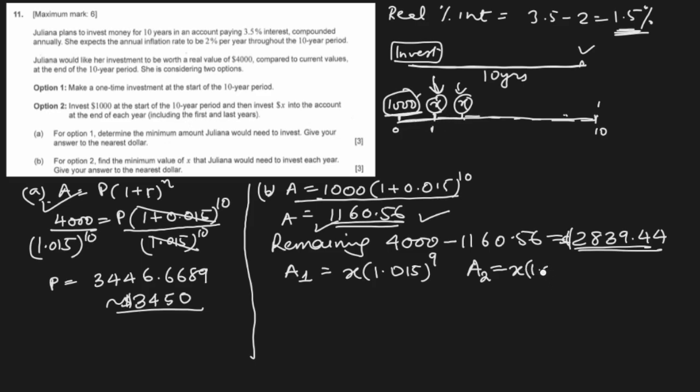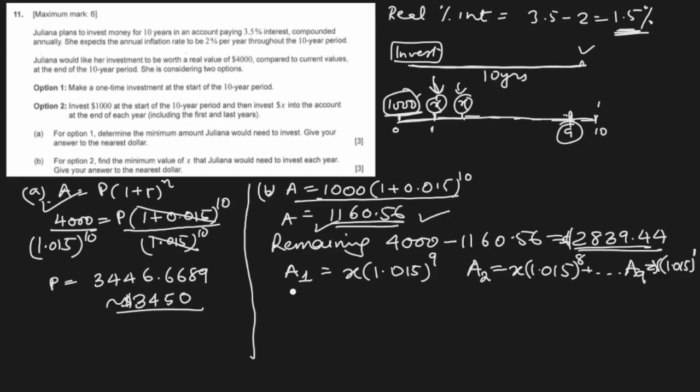So X times 1.015 to the power 8, because it is there for 8 years more, and so on. The last one will be at the end of 9 years. Nobody invests at the time the person wants to withdraw money. So year 9 will be the last one, and that will be A9, which will be X times 1.015 to the power just 1.